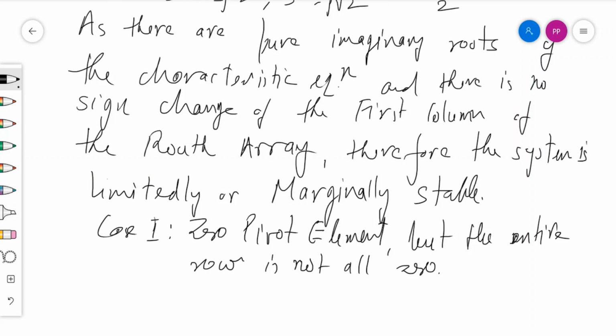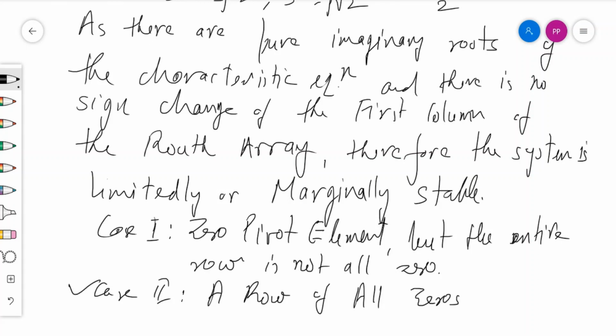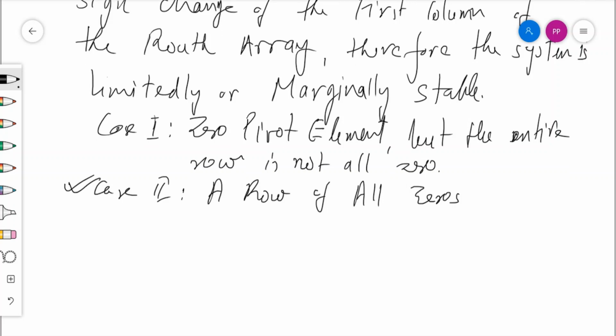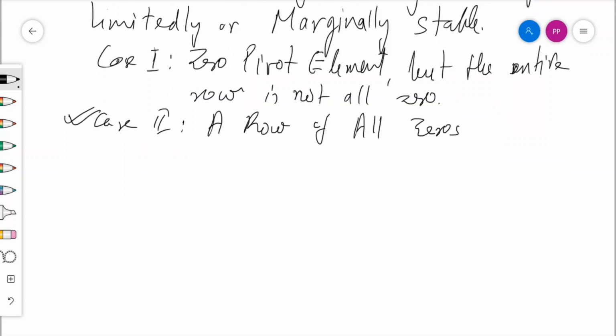So this is the first case we studied in the last lecture, and in today's lecture we have studied the case when a row is all zeros. The second case is very important from the examination point of view also. If you see in the exam, there is definitely a problem on this, because you have to find out the imaginary roots of the system based on it.